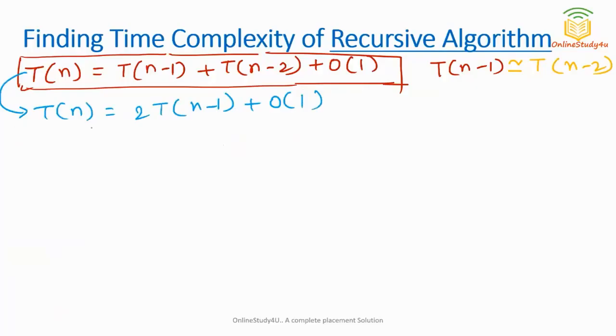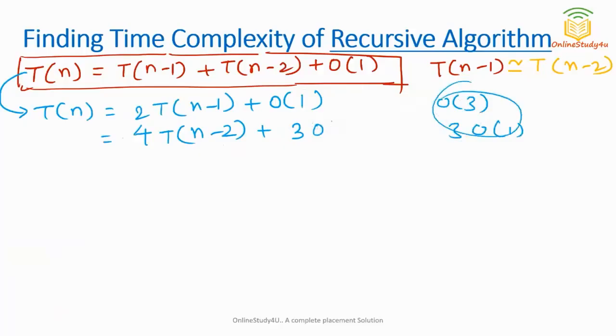Now I am not going much deeper. After the substitution method, you will get the next thing as 4 T of n minus 2 plus 3 into big O of 1. Again after substitution, I am skipping some parts, we will get 8 T of n minus 3 plus 7 into big O of 1.